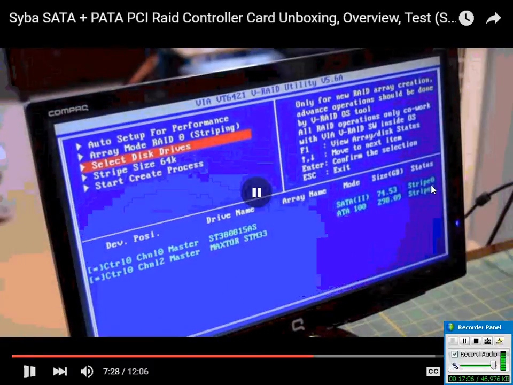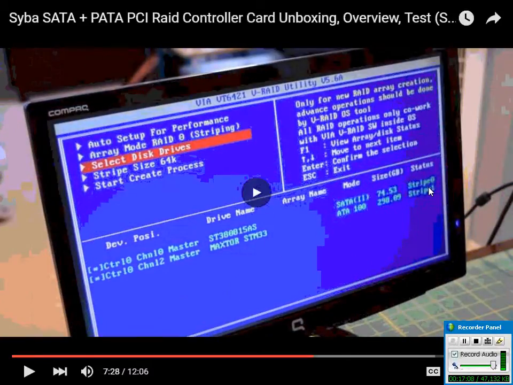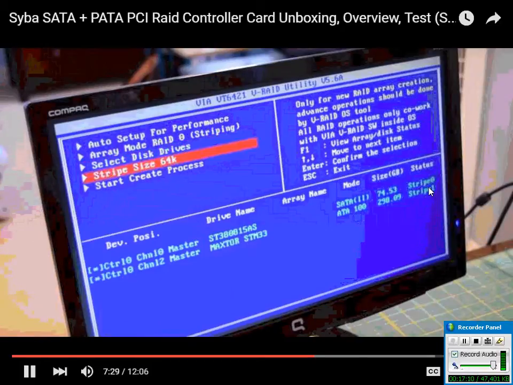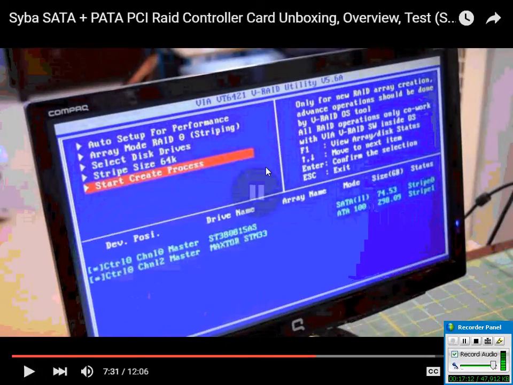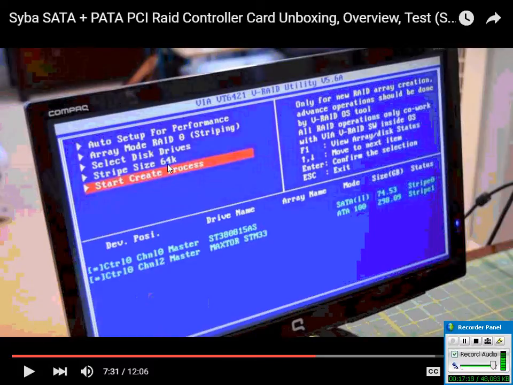See, RAID 0 and RAID 1. See, this is for 64K. They are giving the block size, the database block size. The size of each block will be 64 kilobytes.